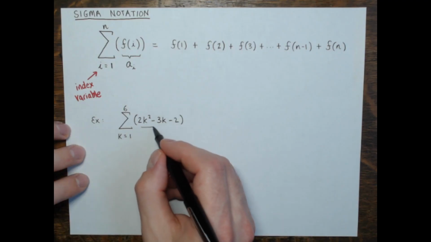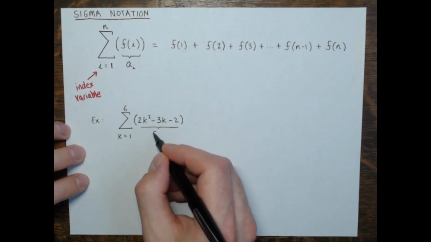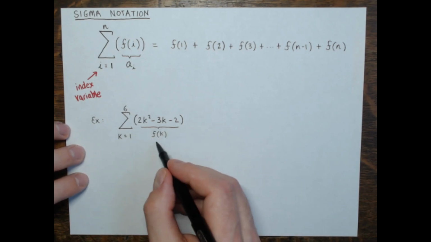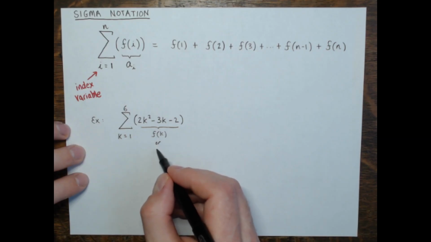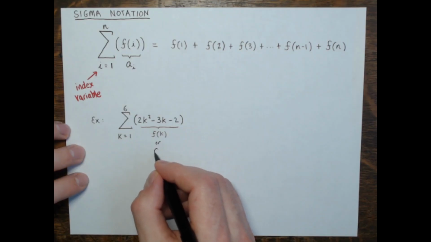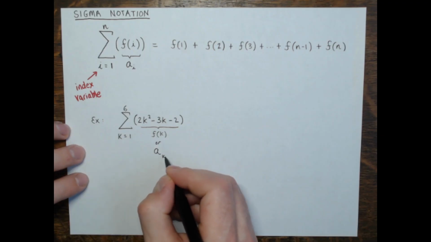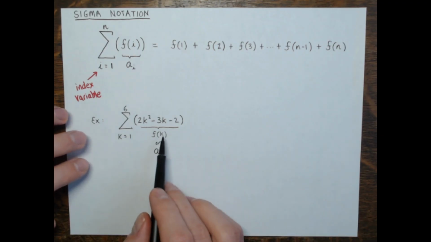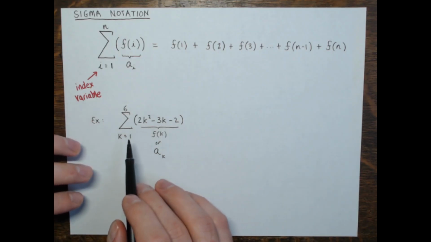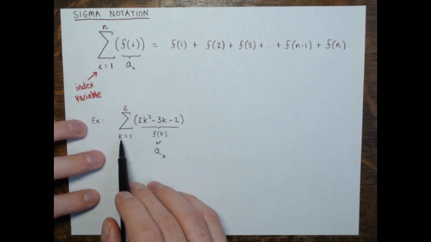So again, you could think of this as just some function of k, f of k, or again, you might see the notation for terms of a sequence, which is typically some lowercase letter with a subscript of the index variable, a sub k. Either way, it's just some expression that depends on the index variable.